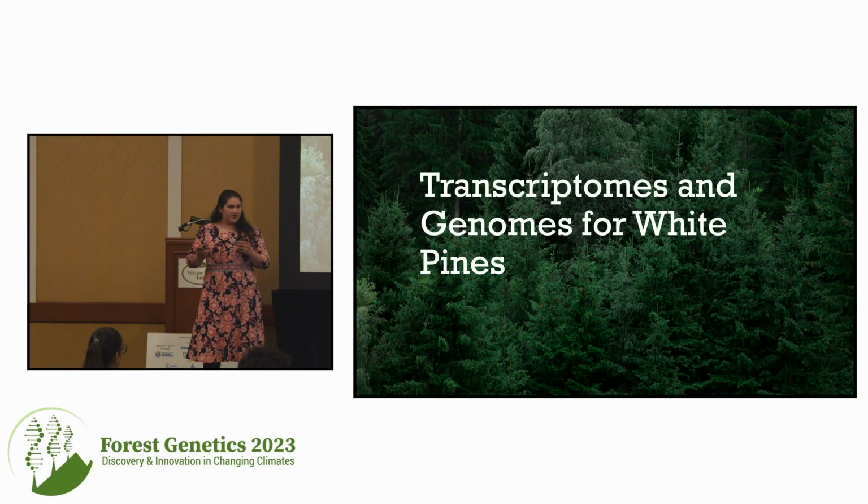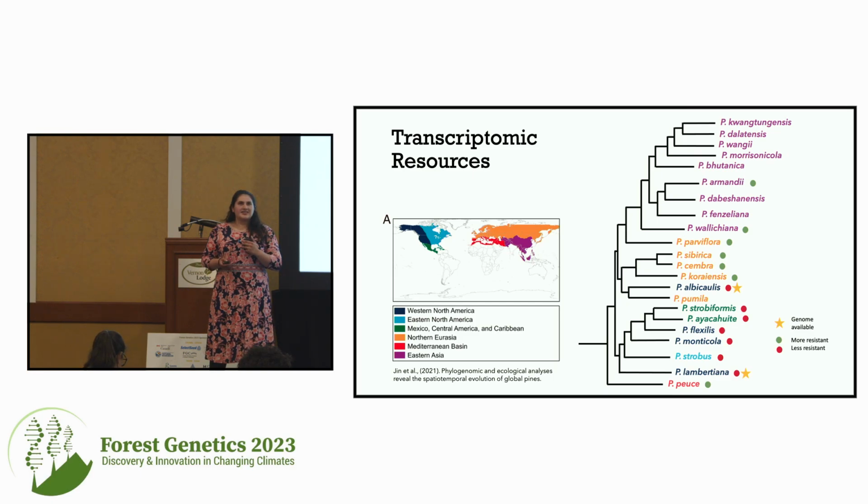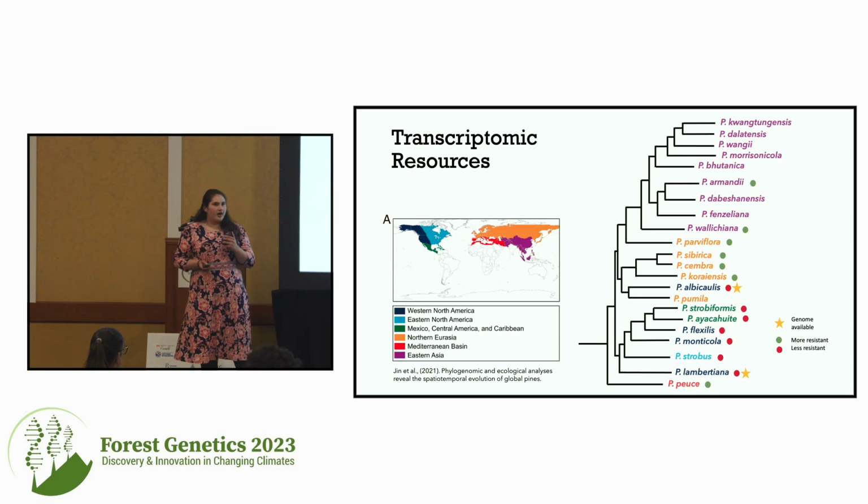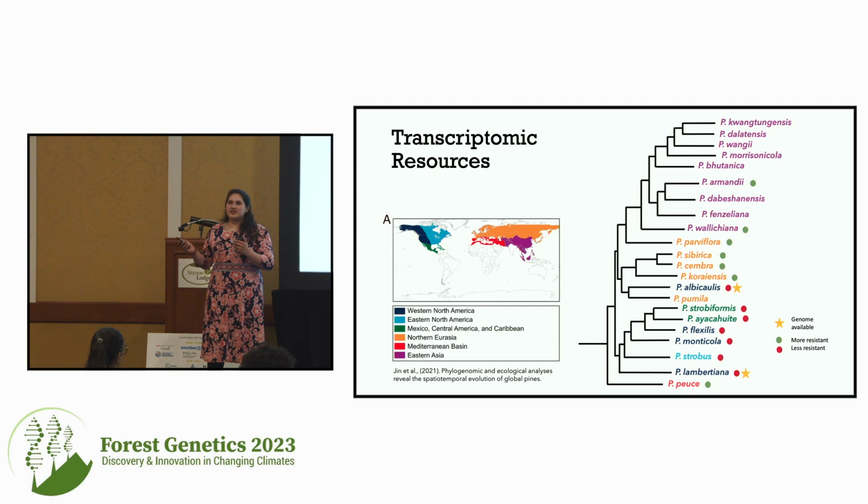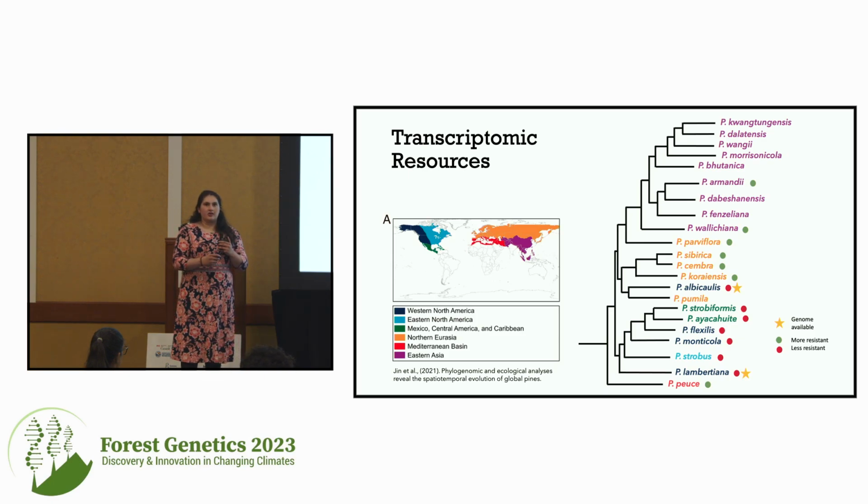In terms of the transcriptomic and genomic resources that I used, for the white pines, genome assemblies are only available for 2 species, one of which just recently became available and will be publicly available very soon. But in order to do a greater comparison across the white pine species, I used RNA sequencing samples that were generated from a phylogenomic analysis of global pine species.